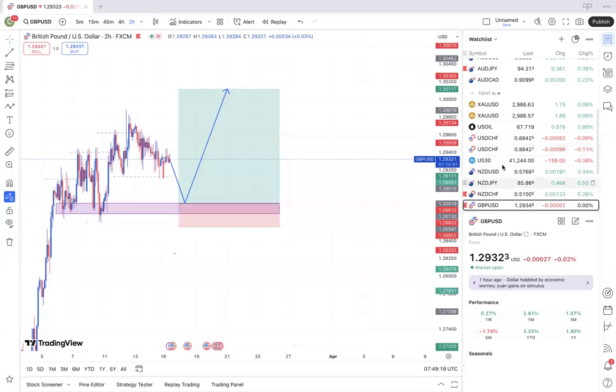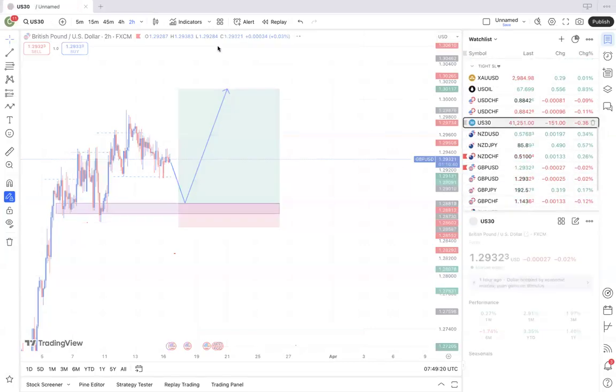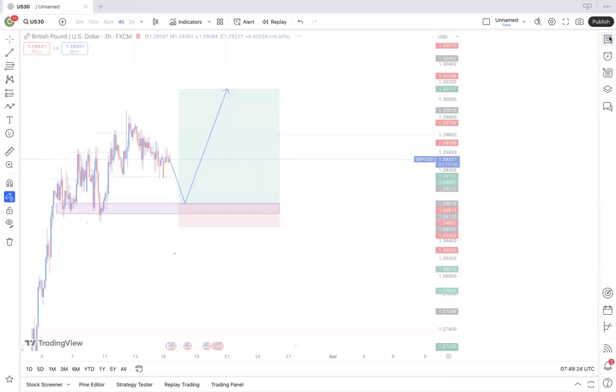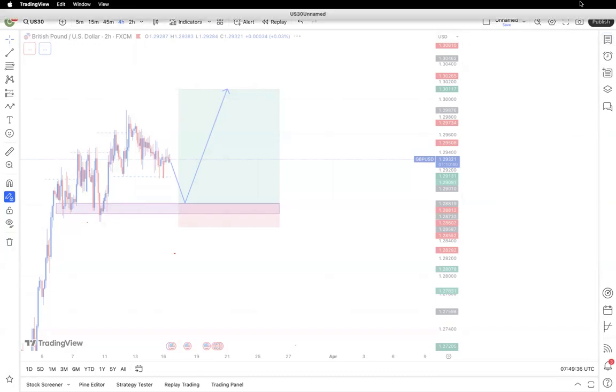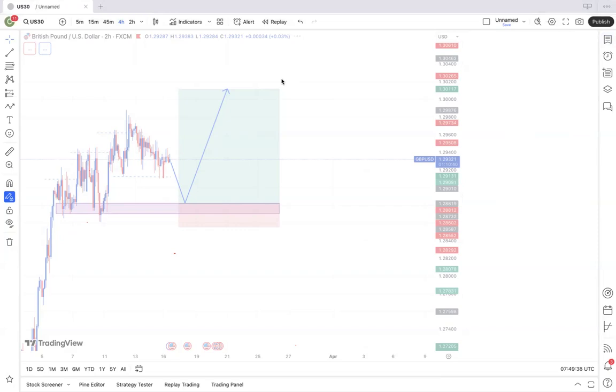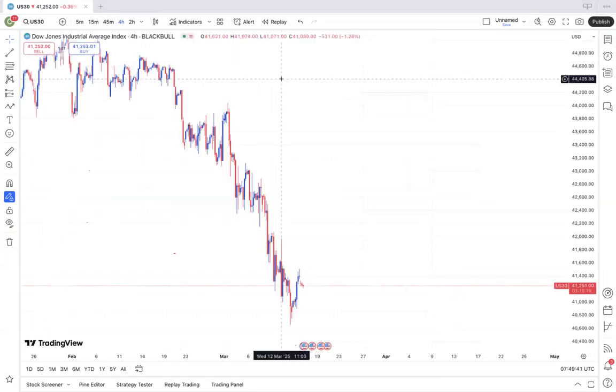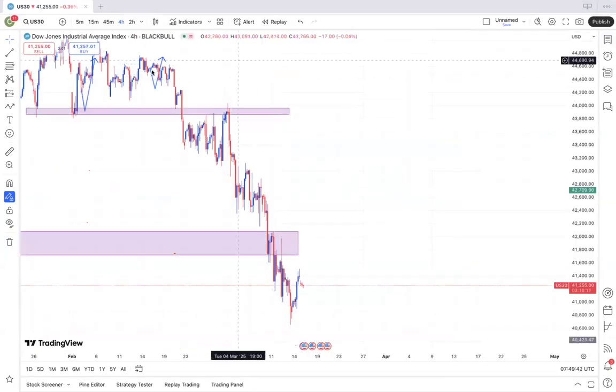All right, so go back now, back to US30. What do we have on US30? Let's put this on the 4-hour time frame. Let's hold on a moment. So this is US30.